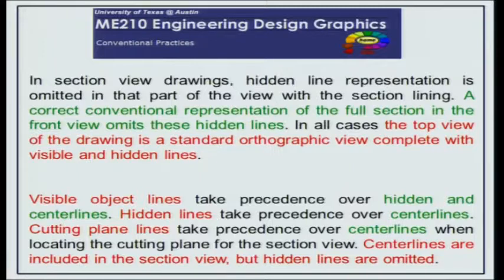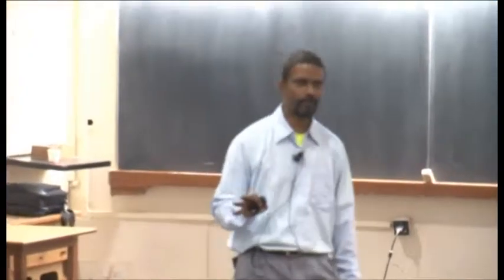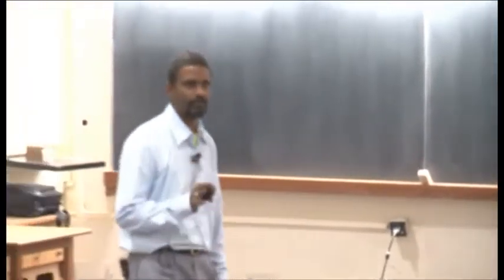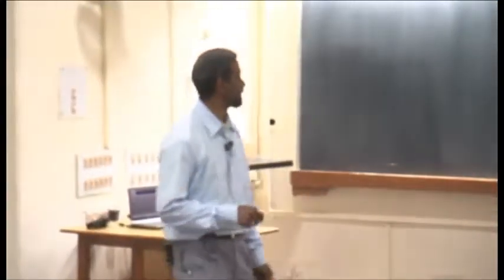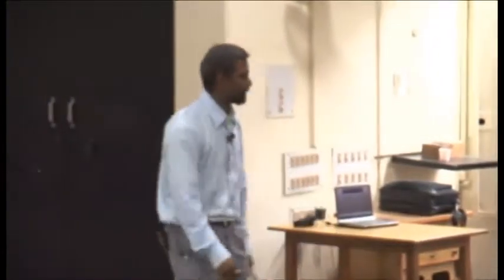In all cases, the top view of the drawing is a standard orthographic view complete with visible and hidden lines. So for front view, section view, the top view is the entire complete view with all visible and hidden lines. Something that we know.